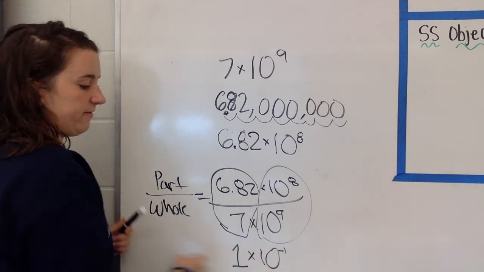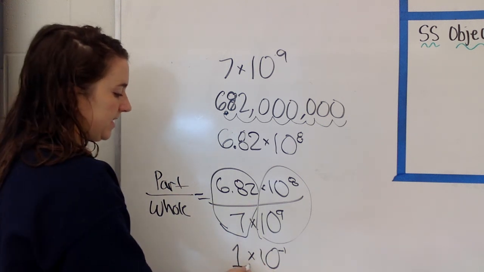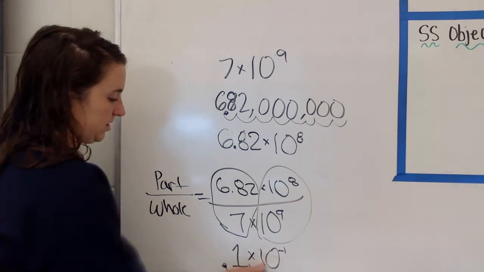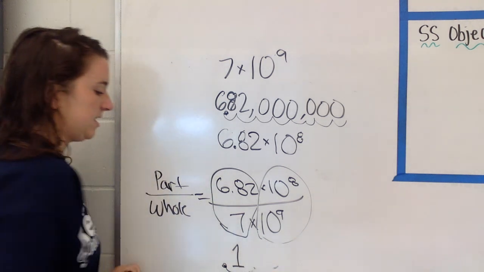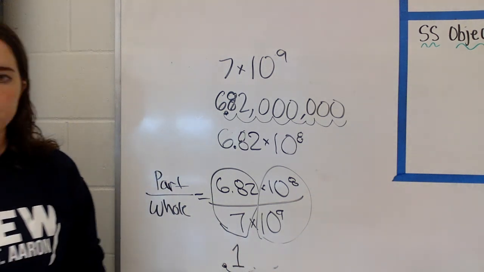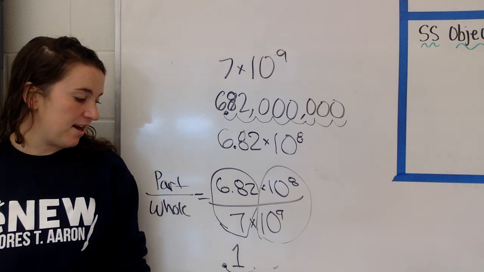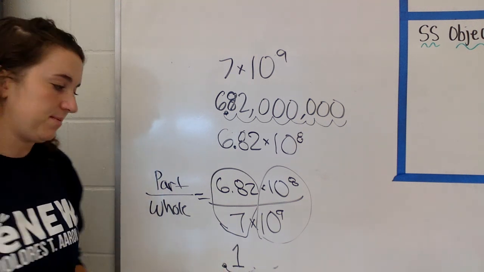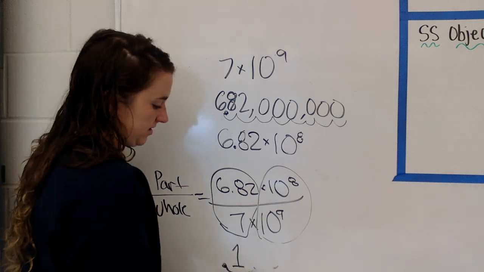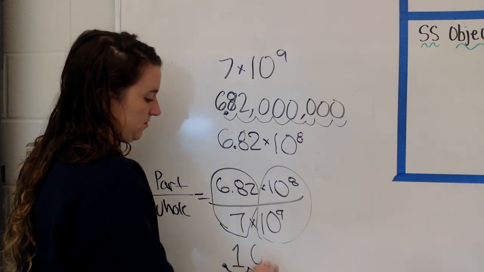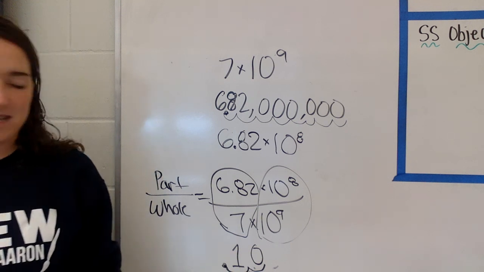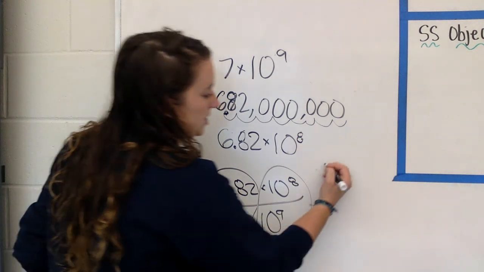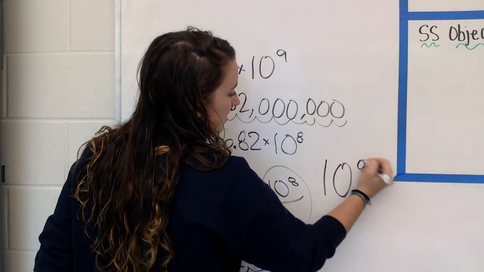So I'm dividing by 10, which means I need to move my decimal this way. So this becomes 1/10. Now that I'm making it into a percent, what do I multiply by? 100. When I multiply it by 100, I just move my decimal twice, and my answer will be 10%.